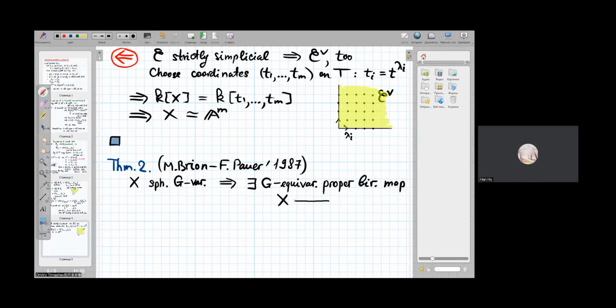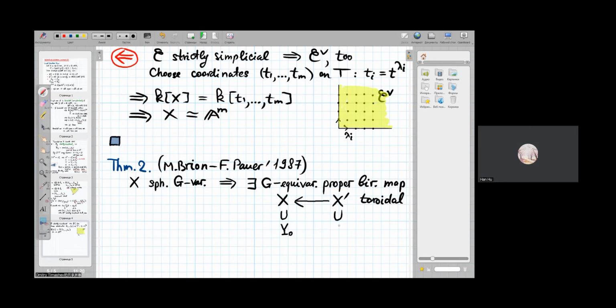So onto X from some toroidal variety. So X prime is some toroidal variety. And this map just extends the identity map on the open orbit. So we have an open orbit in here and in here. It is just the same orbit, one and the same.